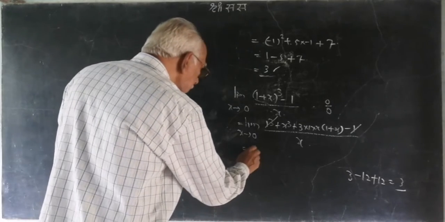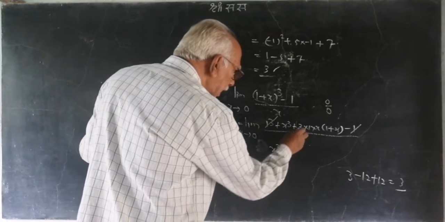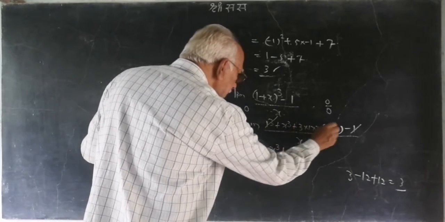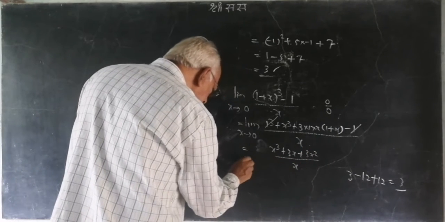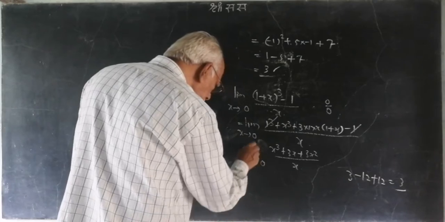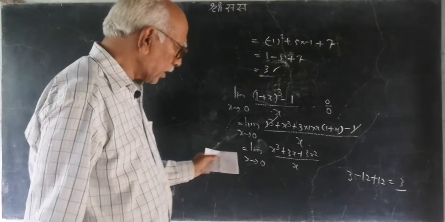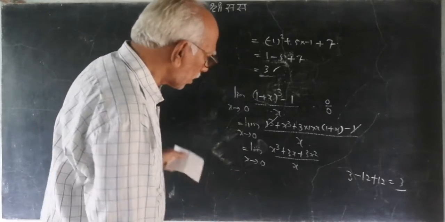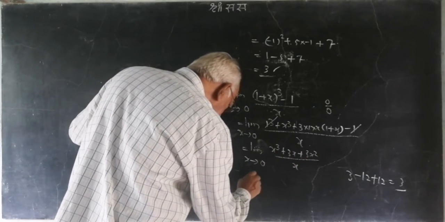So, after that if you substitute, x cube, and 3x into 1 is plus 3x and 3x into x is 3x square, divided by x as x tends to 0. So now what is possible? Again, if you put x equal to 0 here, again it will be 0 by 0 form. But what do we find here? Factorization. What is the main part of factorization here?